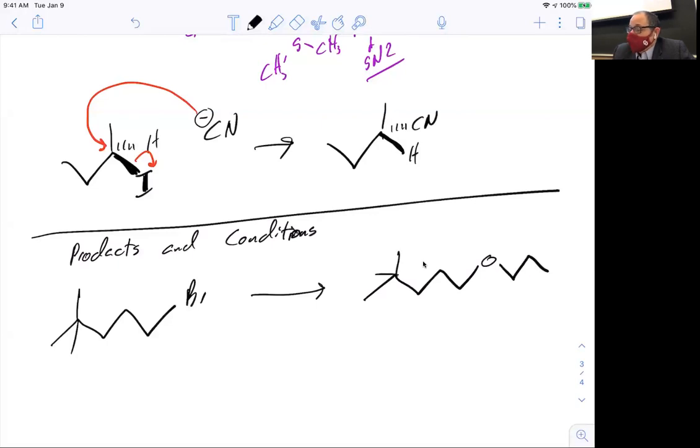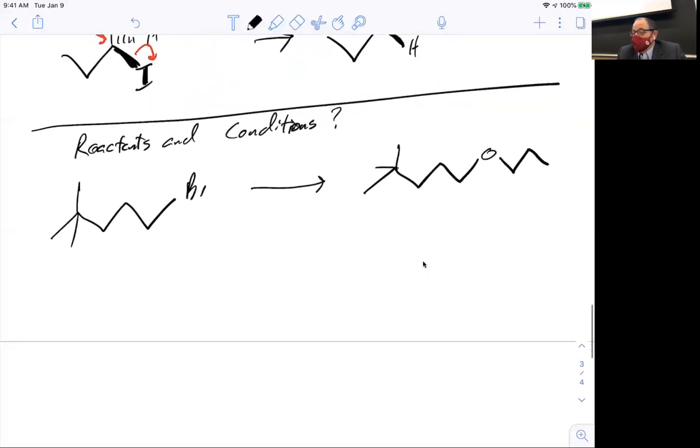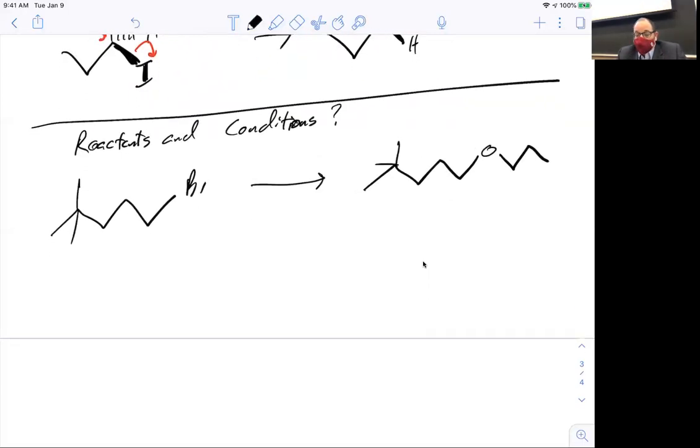Sorry, I'll fix that in just a second. Okay, so let's take a little time, think about this one. What is going to be the nucleophile you substitute? What kind of conditions would I want to get this product in high yield?